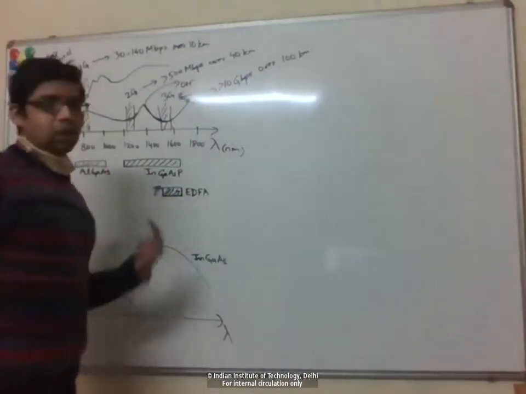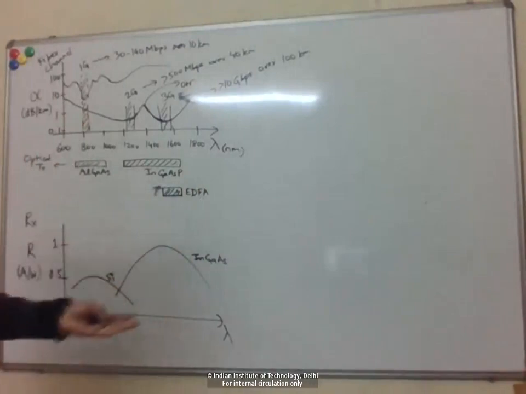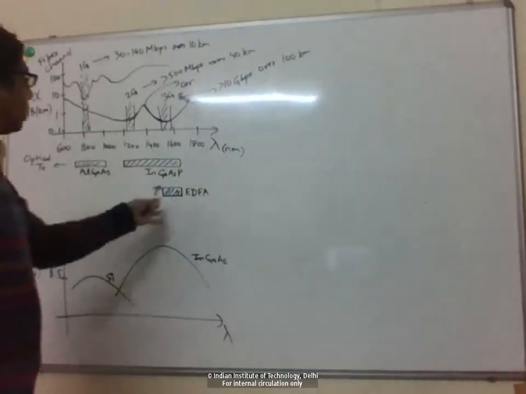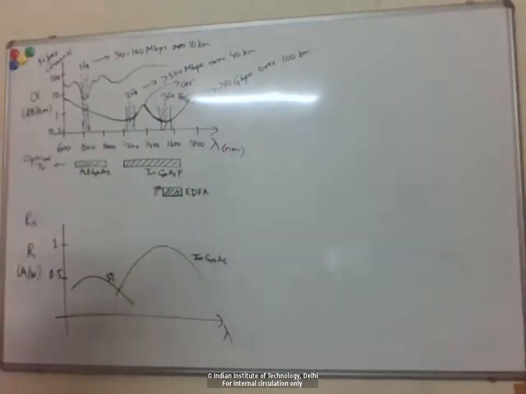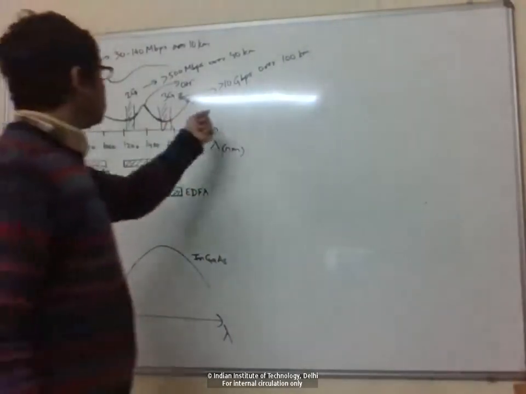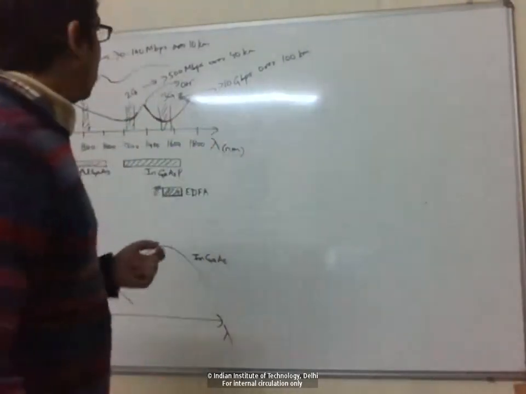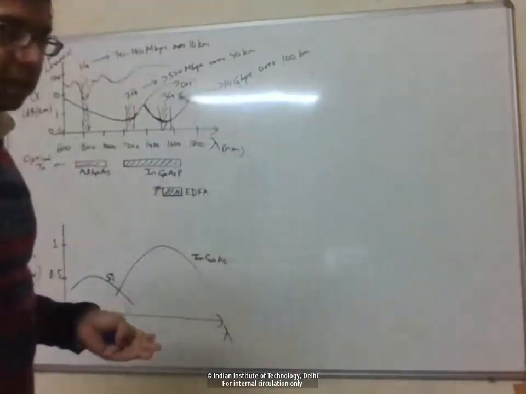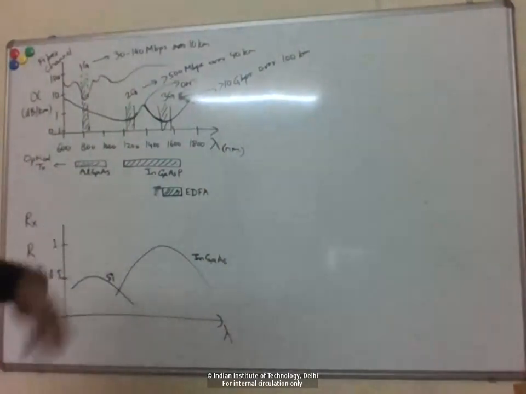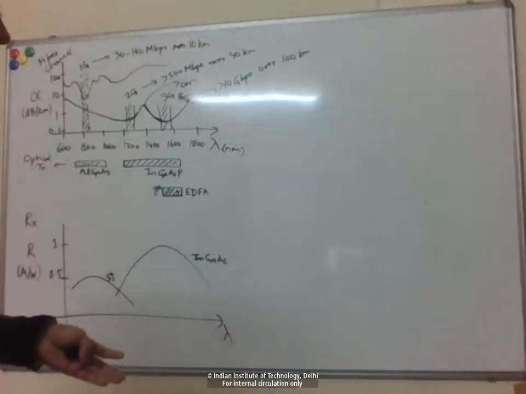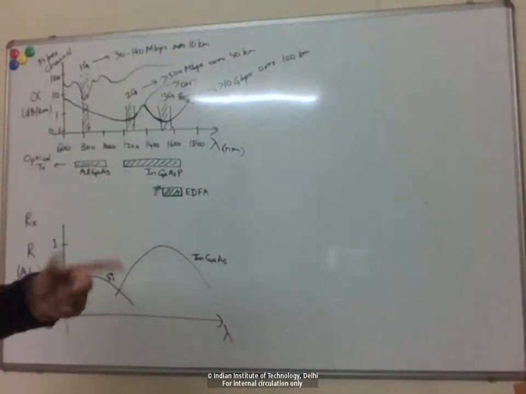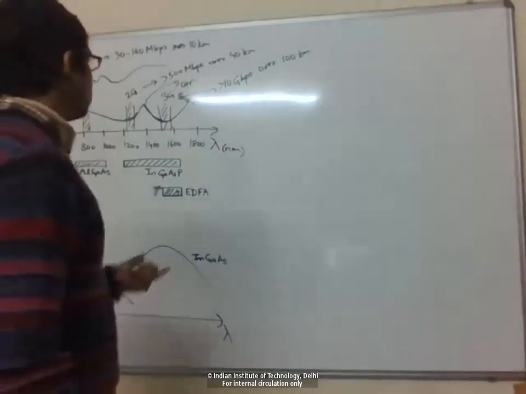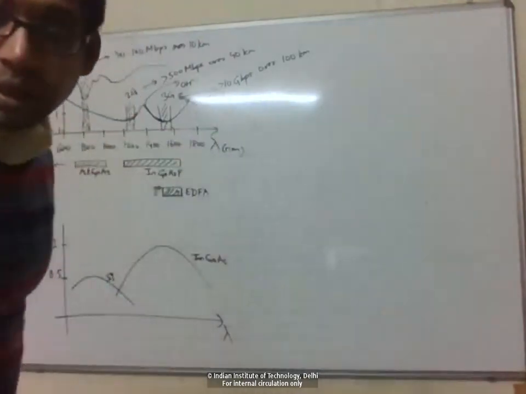So now you could remain in the optical domain. You don't need to convert to electrical and optical back. And you could now extend the distances a lot without compromising on data rates, because once you convert to electrical and convert back to optical, you're limited by electronic speeds. So that sort of limited this.